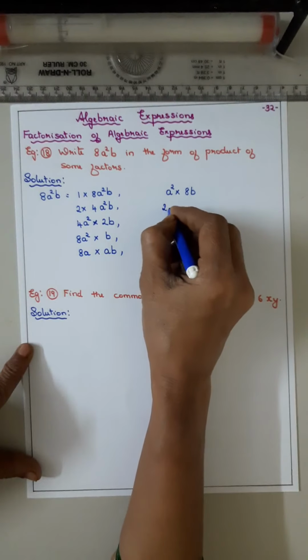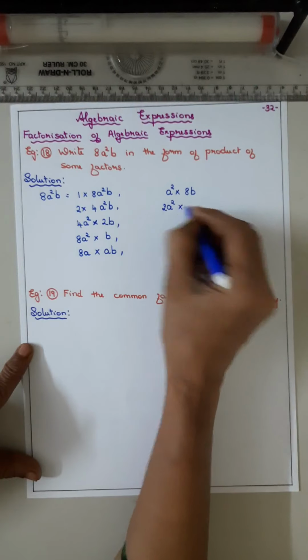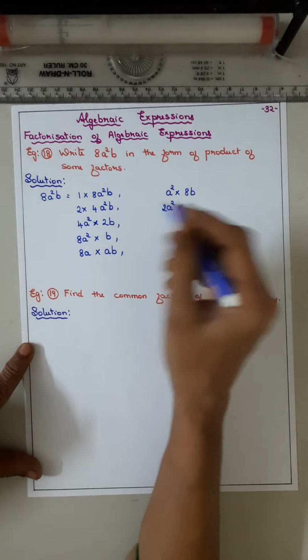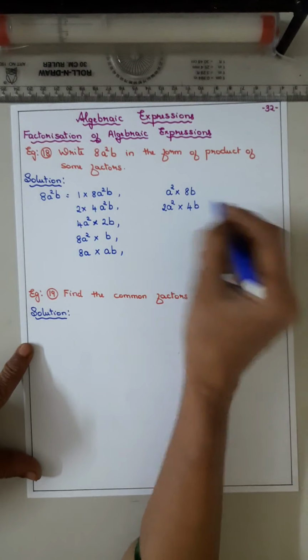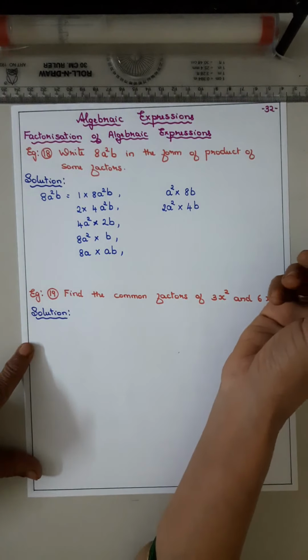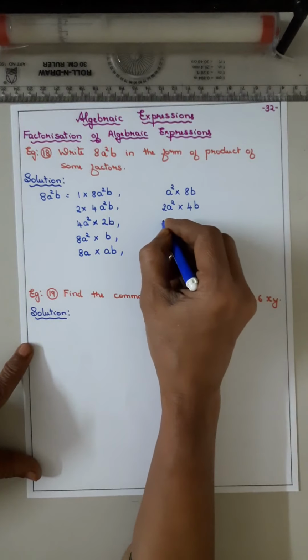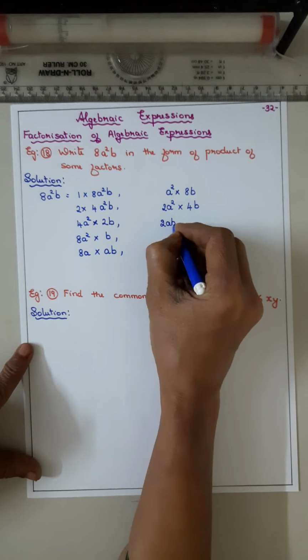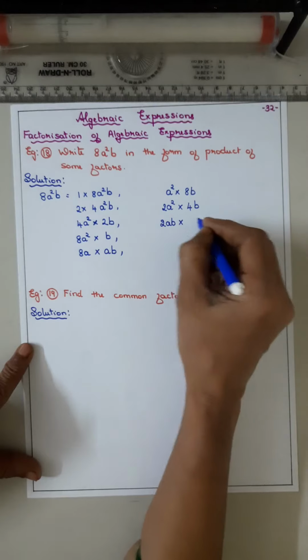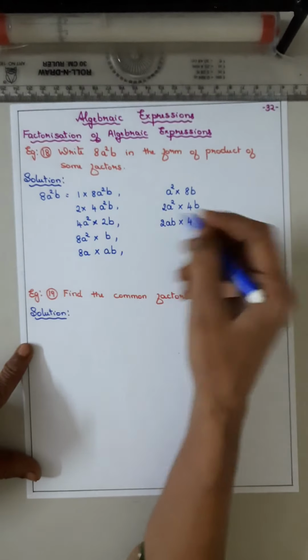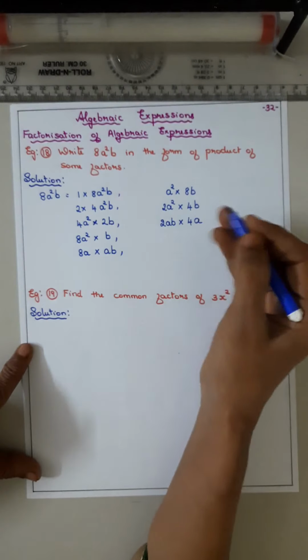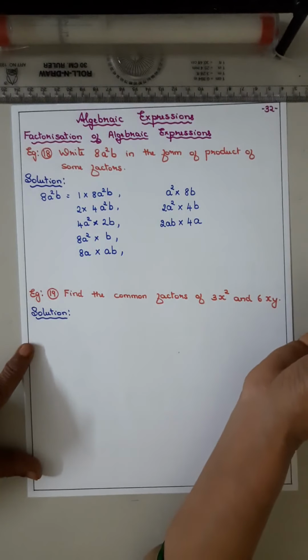If you take 2a squared, then it will be 2 fours are 8, a squared is taken, so you will be having b. If you take 2ab, 2 fours are 8, 1a is taken, so the other a is there, b already you have taken.